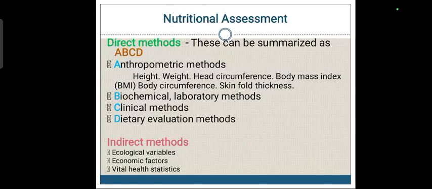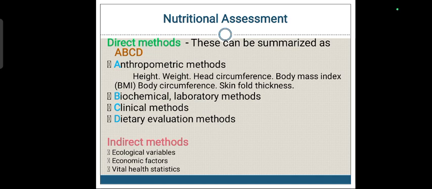Nutritional assessment is also one of the important documents. There are different methods like direct method and indirect methods. In direct methods, it is summarized as ABCD: A for anthropometric methods, B for biochemical and laboratory methods, C for clinical methods, D for dietary evaluation methods, and in indirect methods, ecological, economic, and vital health statistics.